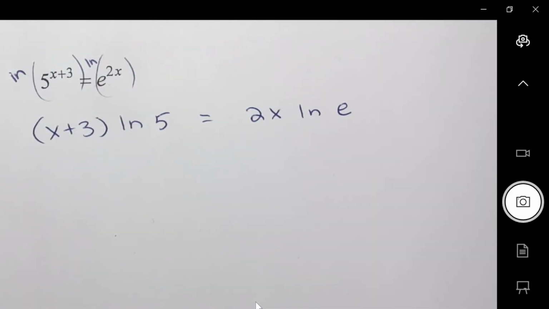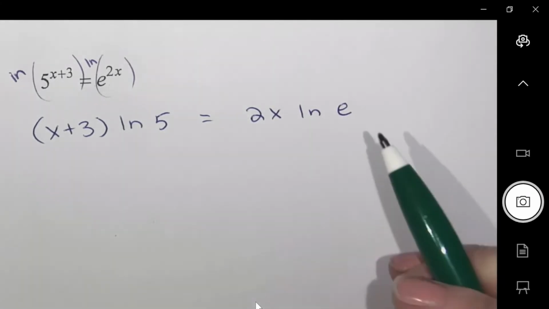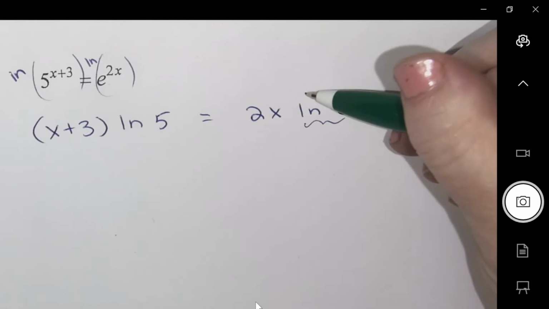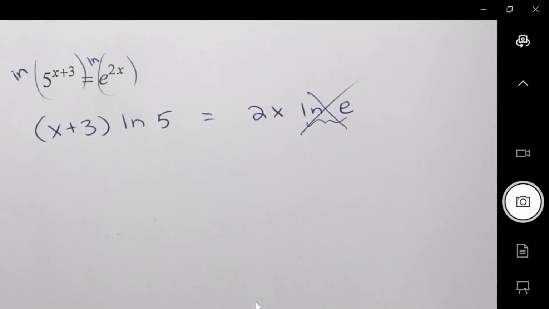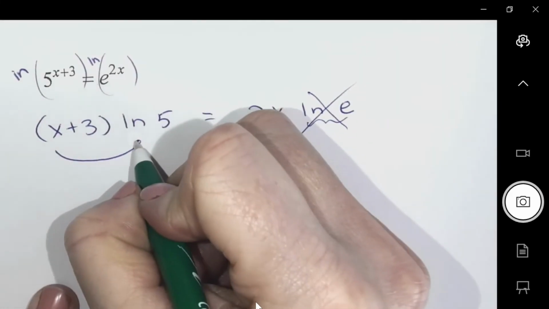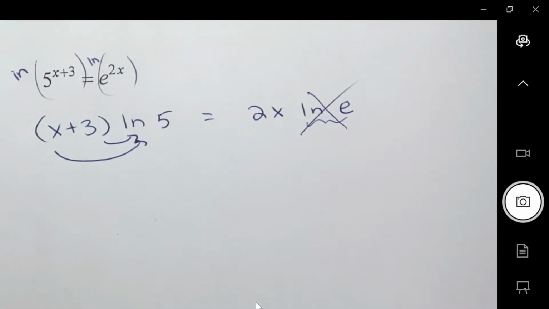So this one only has exponents moving to the front on the rules. The purpose of me doing ln instead of log is because the ln of e is 1. On this side, I'm going to have to do that.